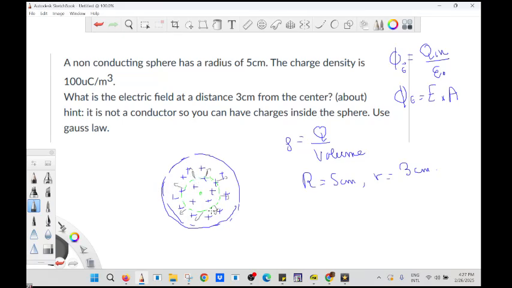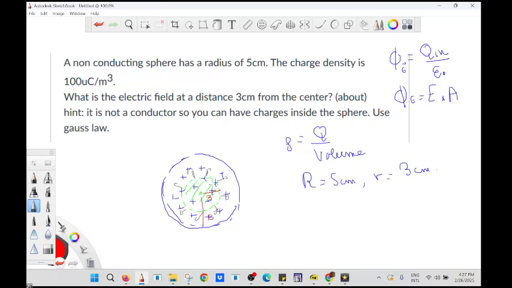So this is an imaginary closed surface, and it's a sphere that I'm going to carve out of the large sphere. So that radius here is 3, and this one is 5.